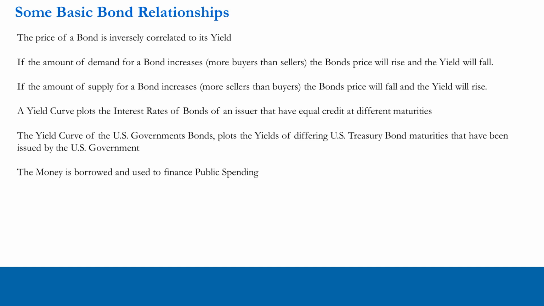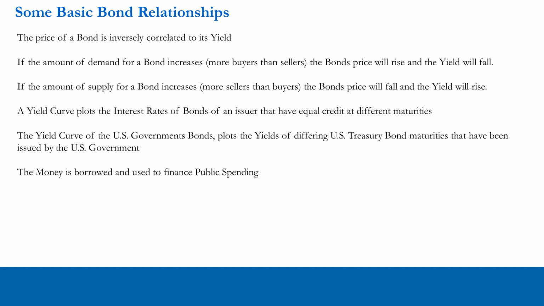Now, what does a yield curve do? Well, a yield curve plots the interest rates of bonds of an issuer that have equal credit at different maturities. The yield curve of the US government's bonds plots the yields of differing US Treasury bond maturities that have been issued by the US government.